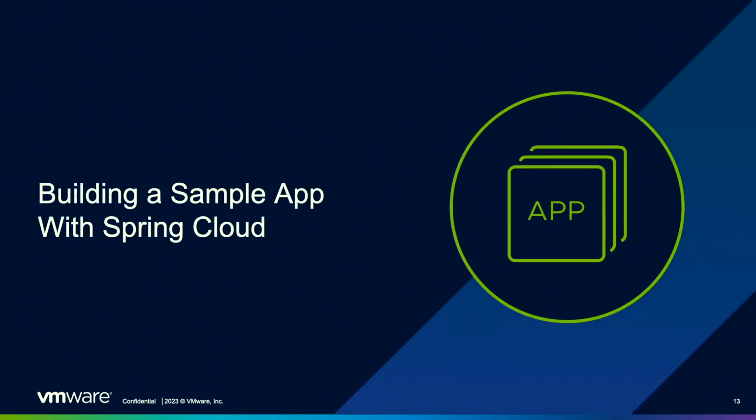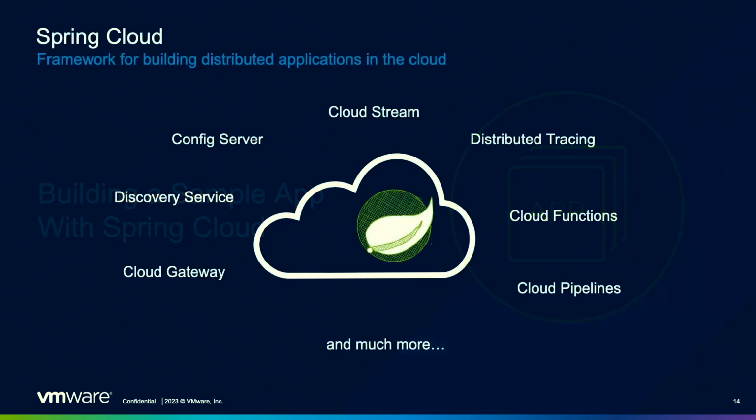So let's build a sample application using Spring Cloud. How many of you have heard about Spring Cloud? How many of you use Spring Cloud? Excellent. Almost everyone. Just so that everyone has at least a basic understanding of what that is, I define Spring Cloud as a framework for building distributed applications in the cloud. And the framework comes with many components.